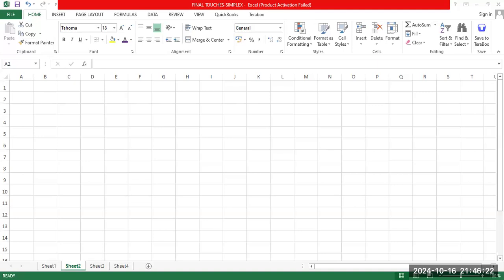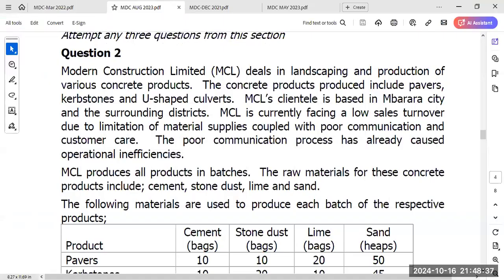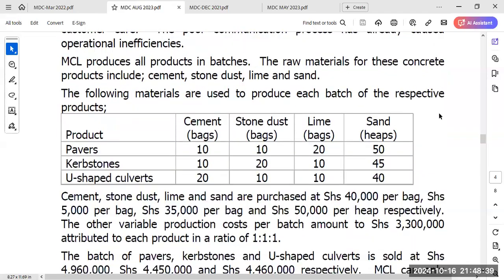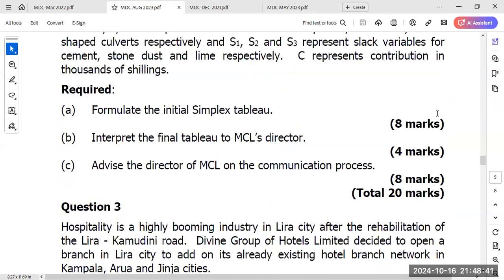The next question, August 2023. I can't see the question. You can't see the question? What are you seeing? Okay. What about now? Yeah, I can see now.